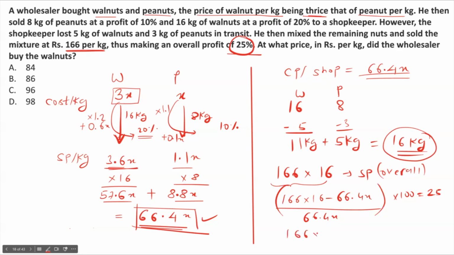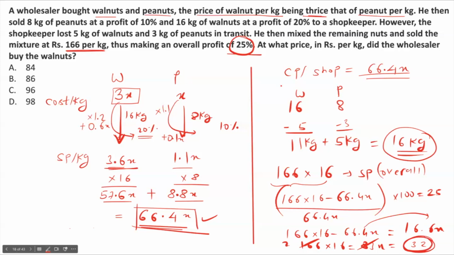So 166 into 16 minus 66.4x is 16.6x. Getting 66.4x on the right hand side, you get 166 into 16 is equal to 83x. 83 and 166 cancel, and finally you get x as 32. But that's not what we are looking for.